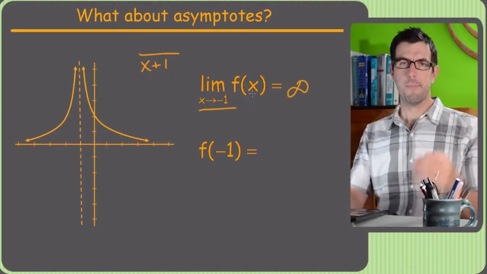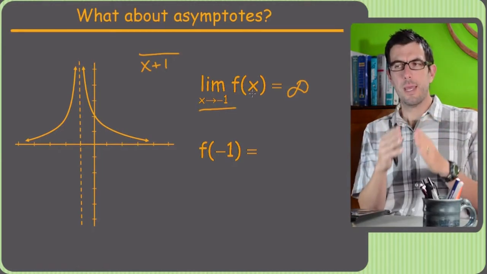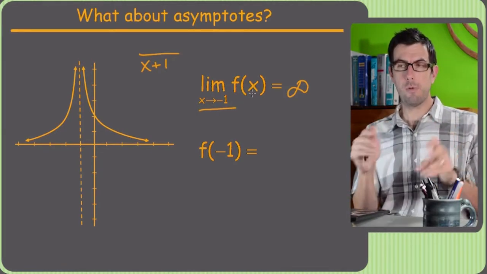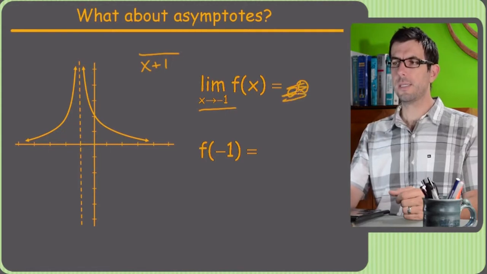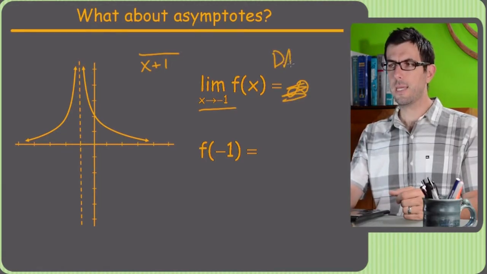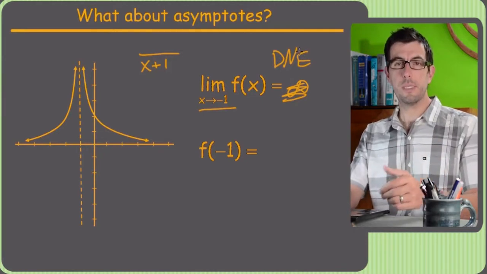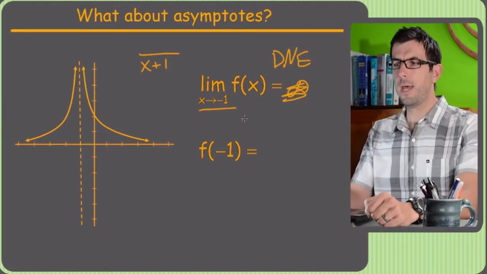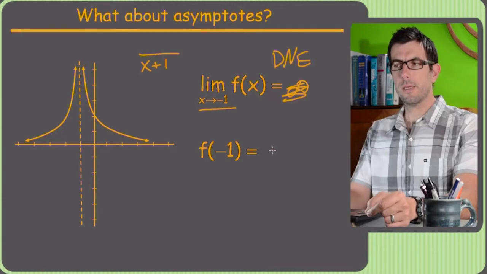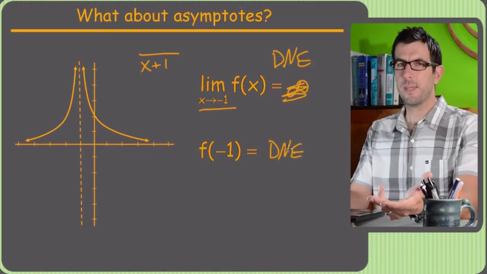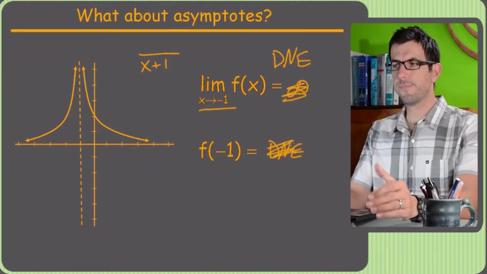But technically, these lines are never going to meet, and it's increasing without bound, which is limit does not exist. So DNE, or whatever your particular teacher likes to write. Usually they say limit does not exist or DNE. f of negative 1 is just does not exist also. It's not infinity, it's just undefined.